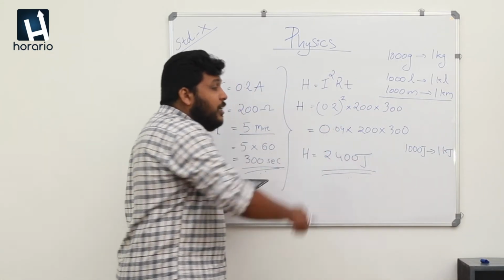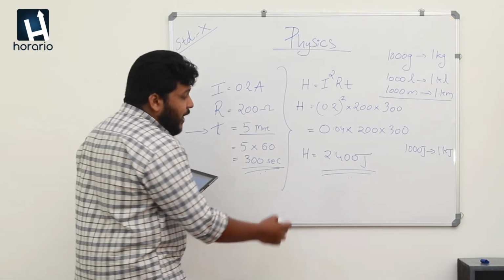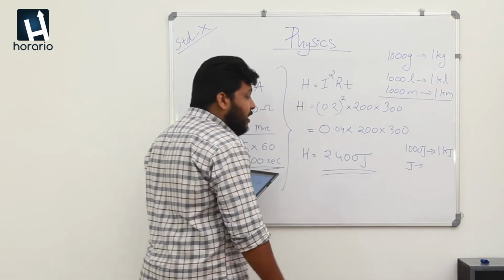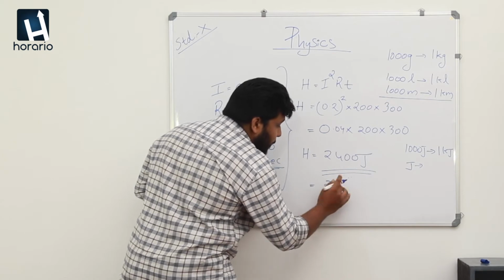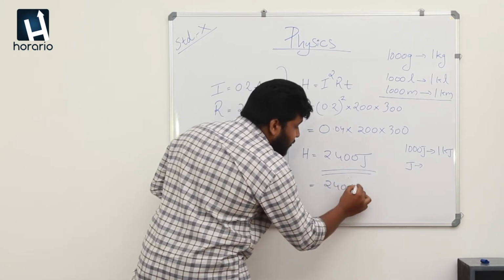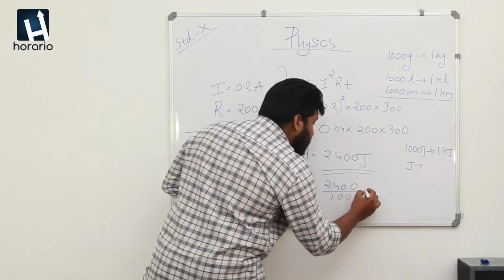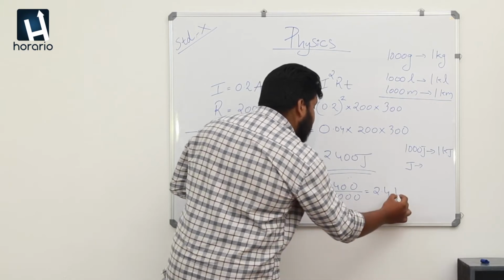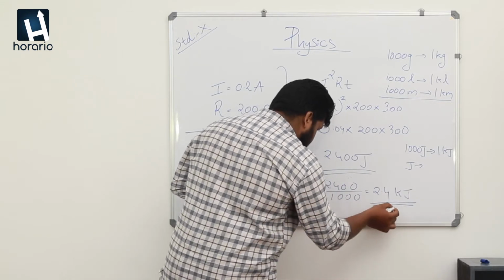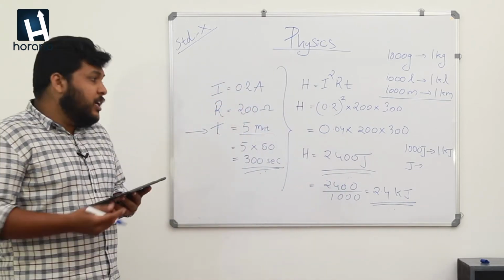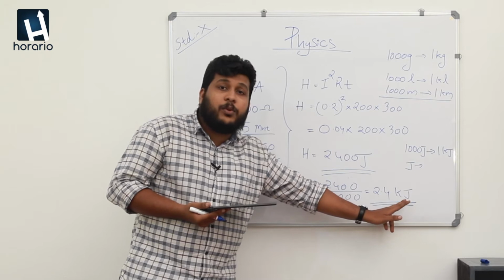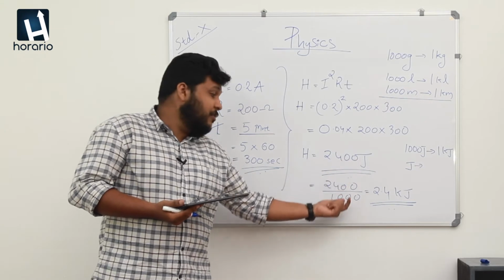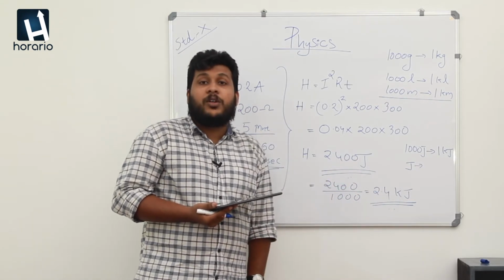So here, how many kilojoule of energy is produced? To convert joule into kilojoule, we simply divide the given value by 1000. So the answer will be 2.4 kilojoule. If the question demands you to find the value in kilojoule, you simply divide the answer by 1000. Then it will be converted into kilojoule.